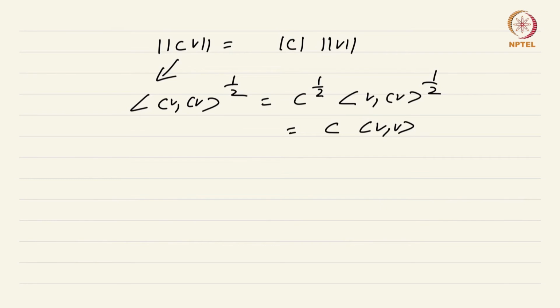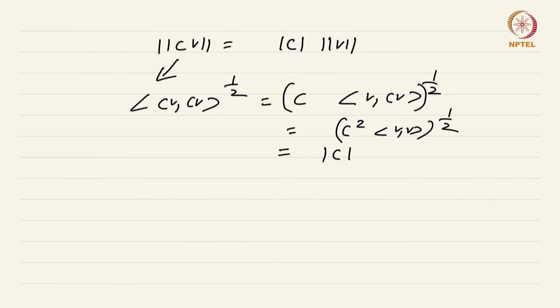So to be 100% precise, I should in fact write it like this. And I should write this second quantity as C squared inner product V with V, the whole power half, which is nothing but mod C norm V. There is no comma here.